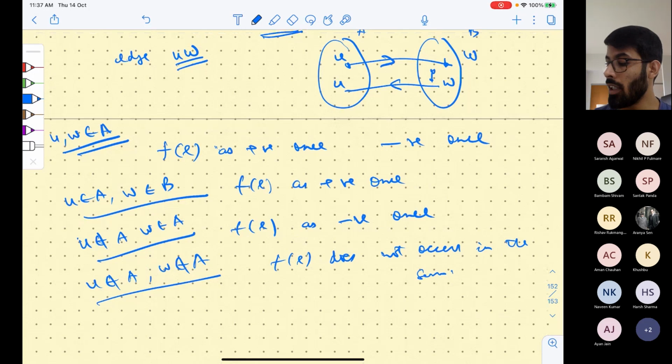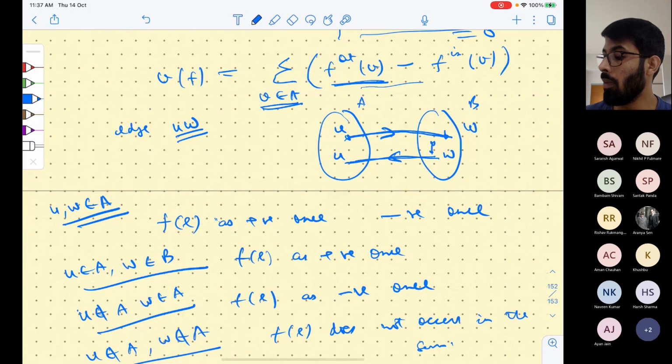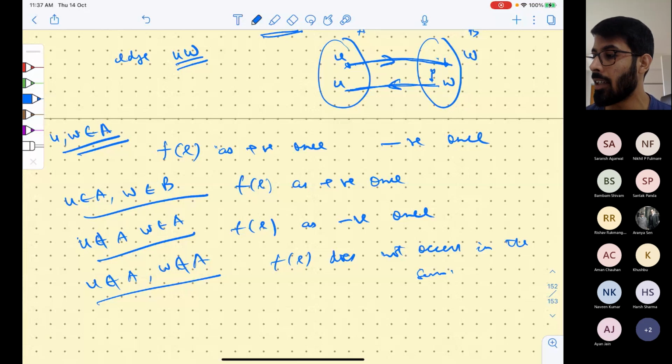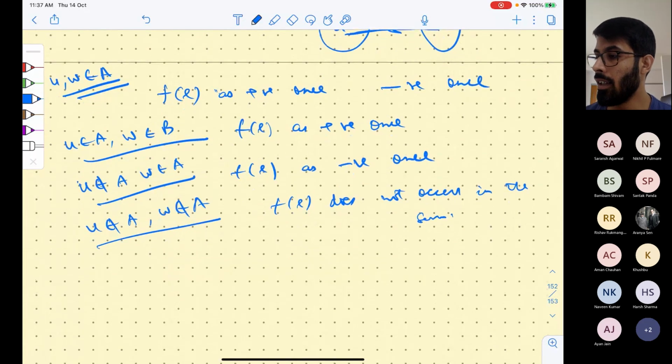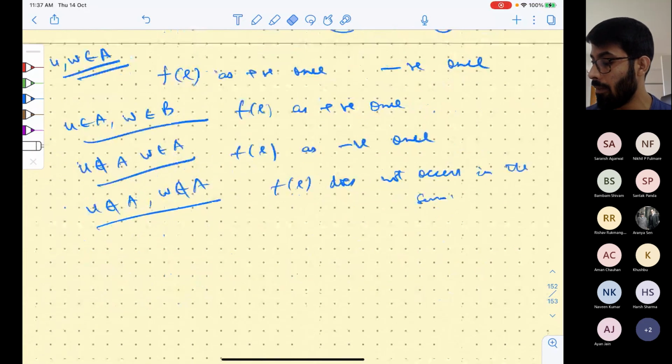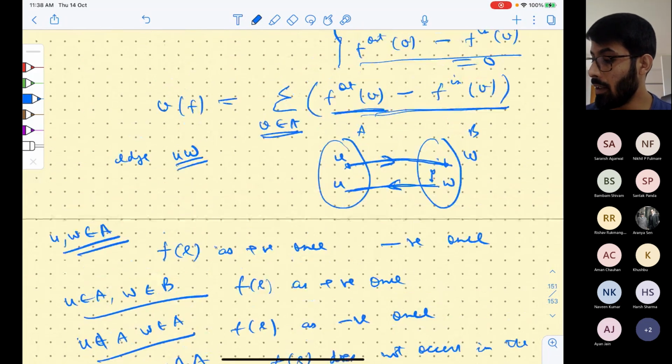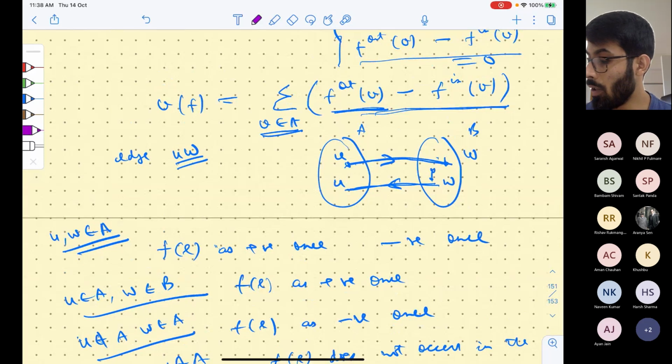Right? So what does it mean? That only the edges which are going out and coming in, they only occur in this sum, and exactly once. The edges which go out come exactly once, and the edges that come in come exactly once, right? And which is exactly basically this quantity. So this, call it 1.